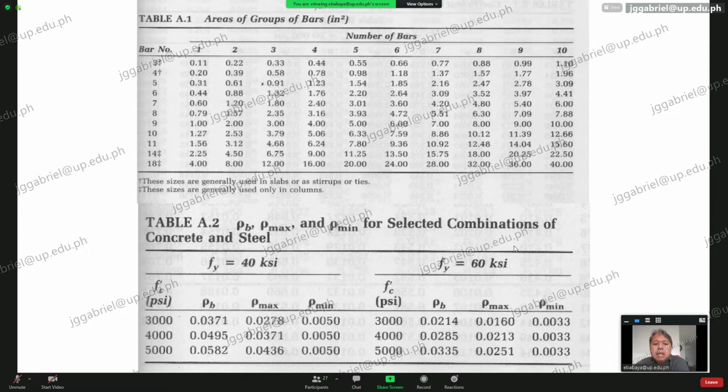Okay? Now, why do we consider the rho, the steel ratio? Why do we consider that? Kindly read the first chapters, chapters 1 to 5, for details on it.